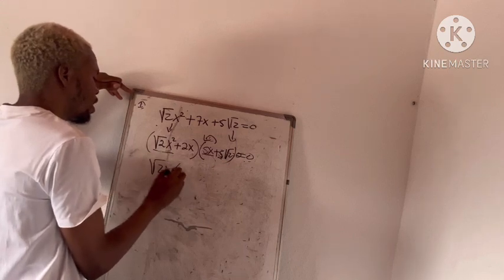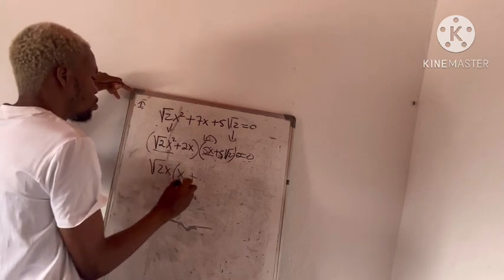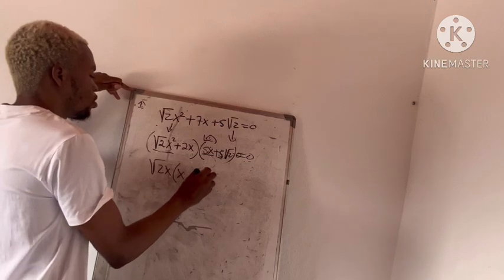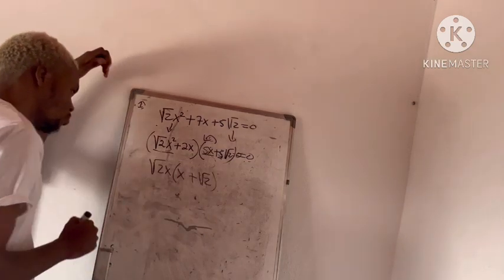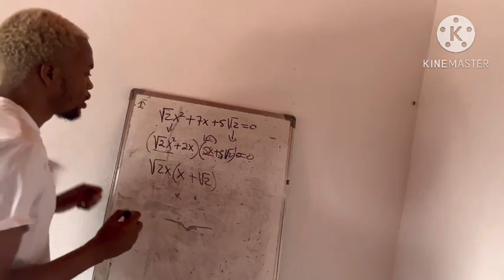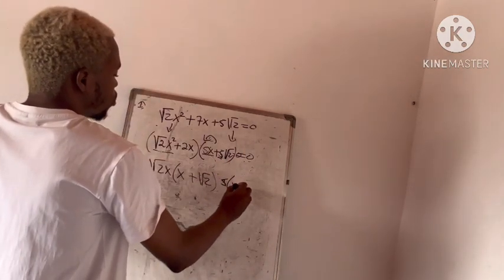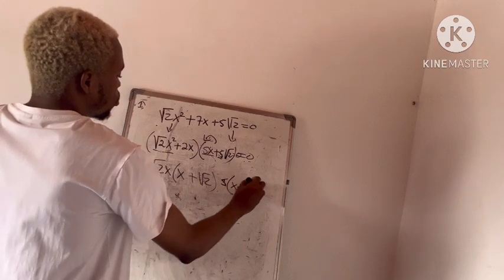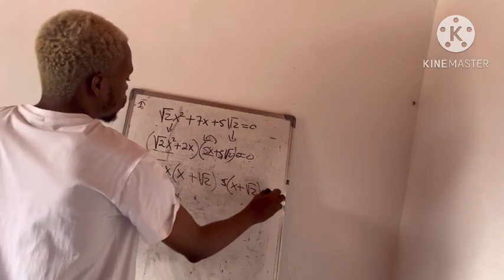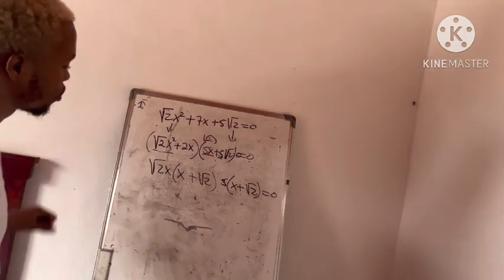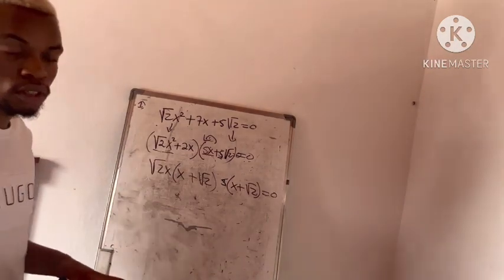You end up with x here plus root 2, and here let's take out 5. You end up with x plus root 2. Yes.